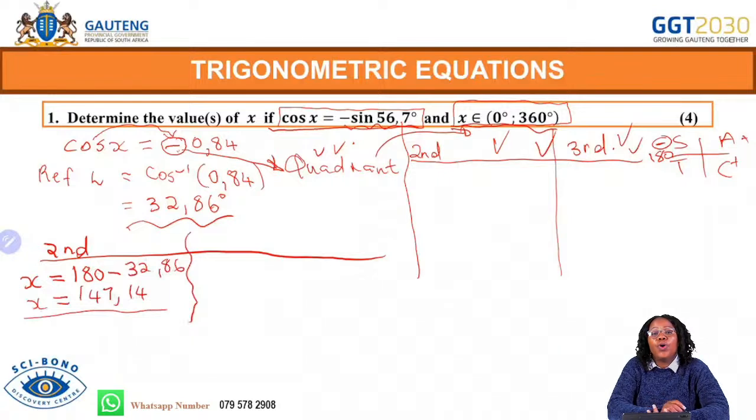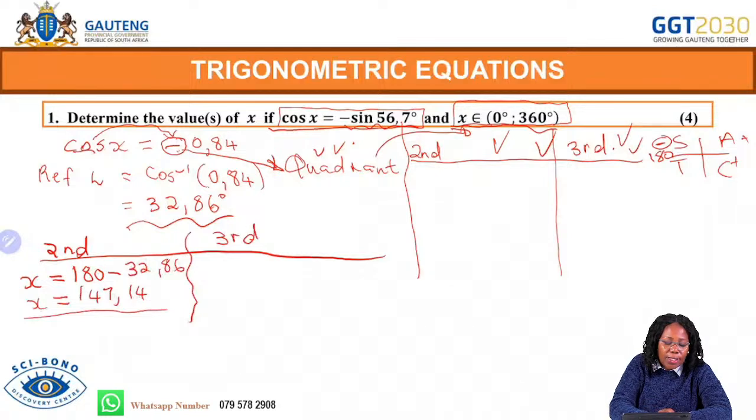But we are not only solving in quadrant 2, we also solve in quadrant 3. Why? Because cos is negative in the second and the third quadrant. So our second solution will be x equal to, the reduction in quadrant 3 is 180 plus. Therefore, we will be using 180 plus what?